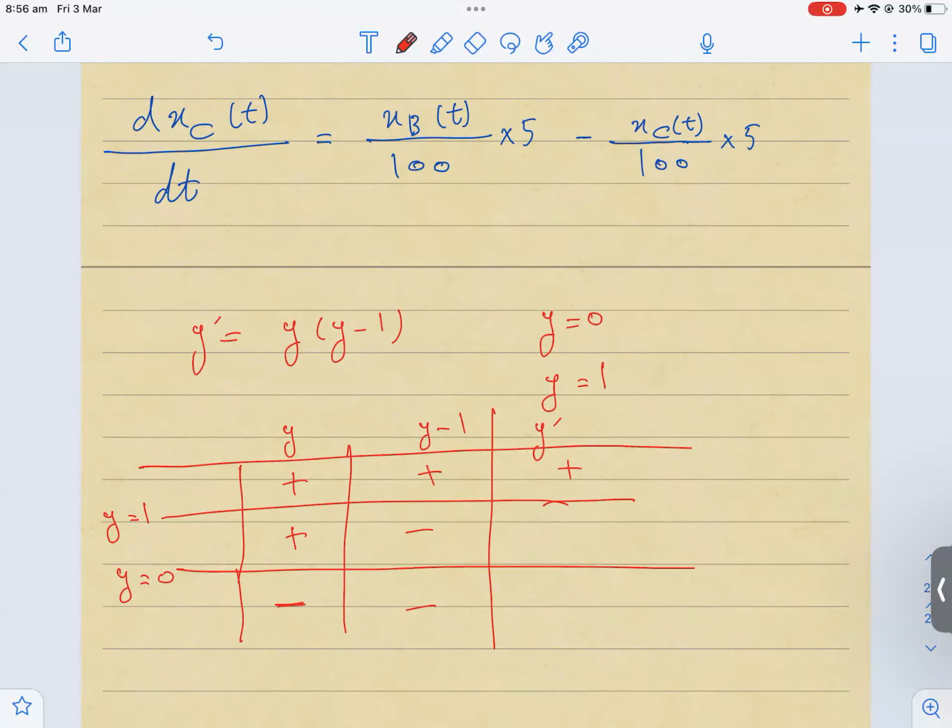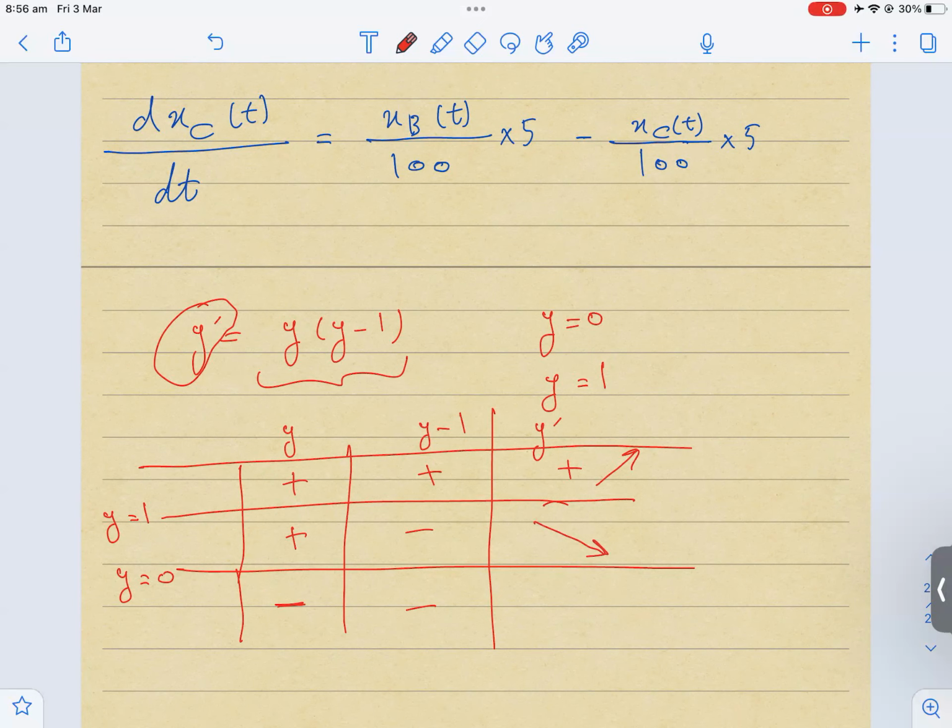So y prime here is the multiplication of these two. That's why positive times positive, it's increasing here. We have a positive slope. Positive times negative, it's decreasing here.